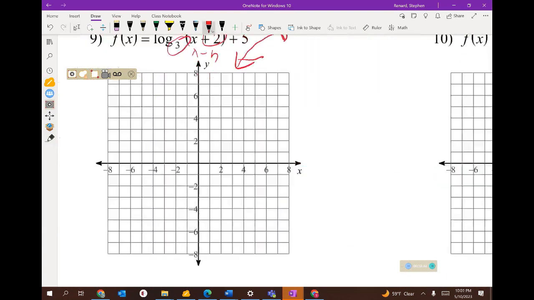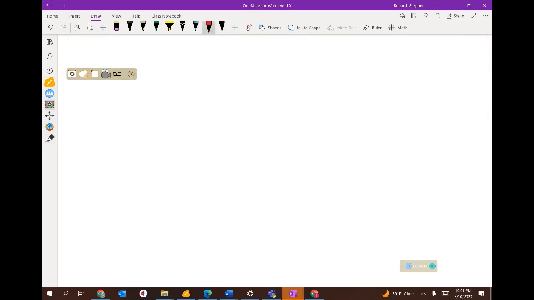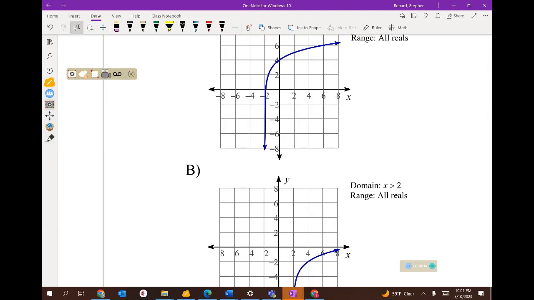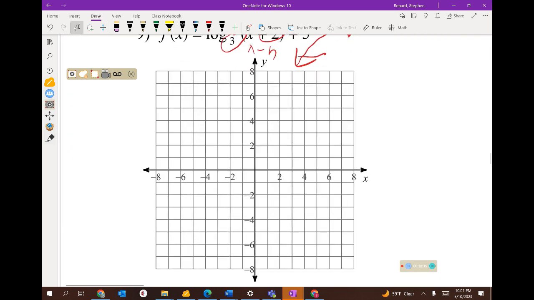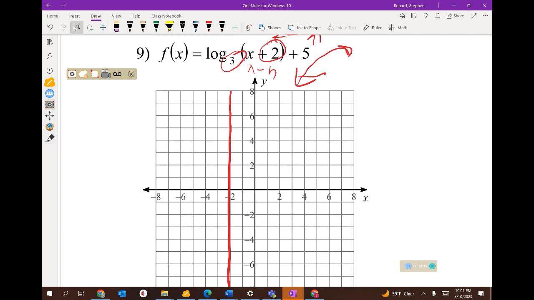Asymptote of k. And they were all horizontal asymptotes. When we're dealing with logarithms, we're talking about vertical asymptotes. And h is going to be our asymptote. And then we move up 5.